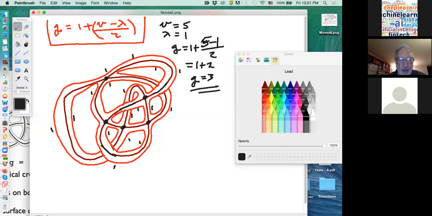And that will be this genus for a given diagram. For the diagram, but not necessarily for the knot. What is the issue here? It's important to see this issue.